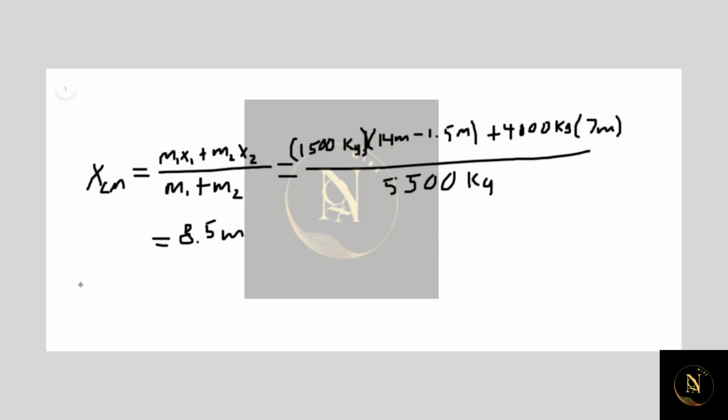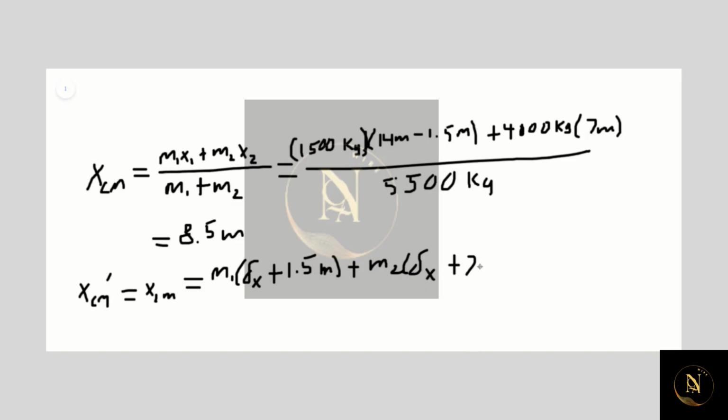We're going to call that x center of mass prime, which is equal to the x center of mass that we just calculated, which is going to be equal to M1 times delta x plus 1.5 meters, plus M2 times delta x plus 7 meters, divided by M1 plus M2.